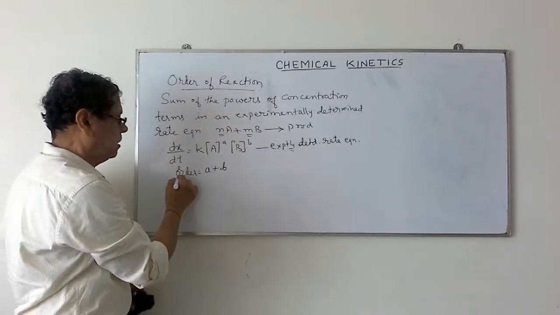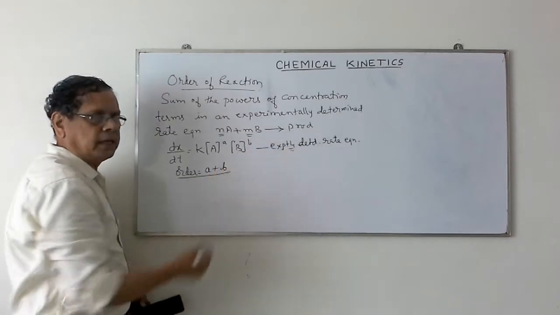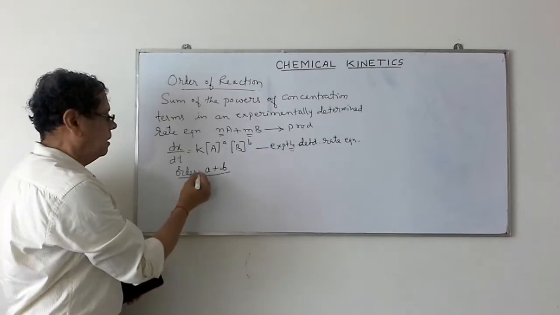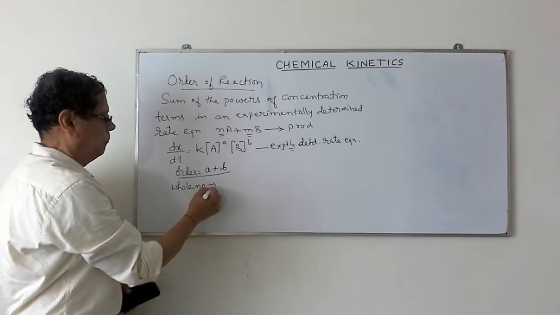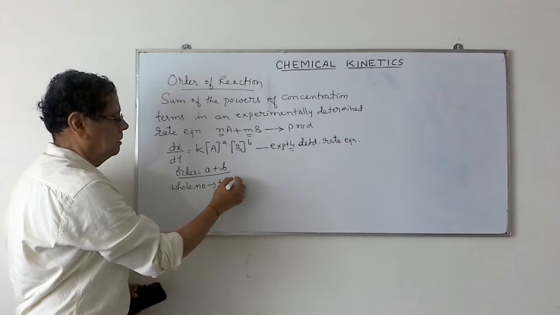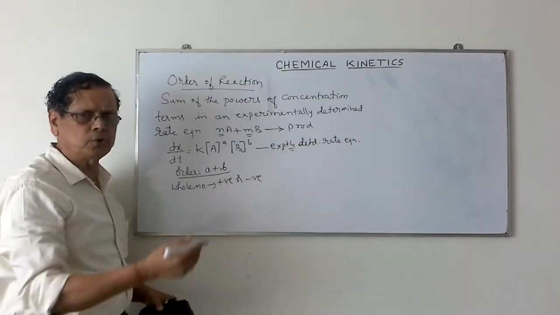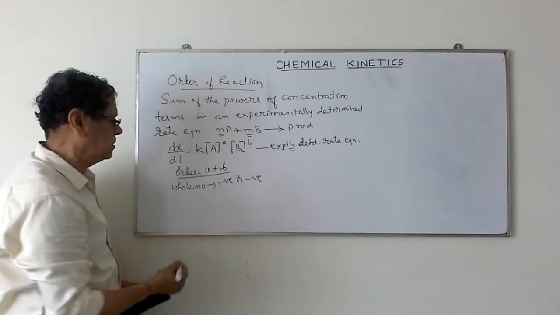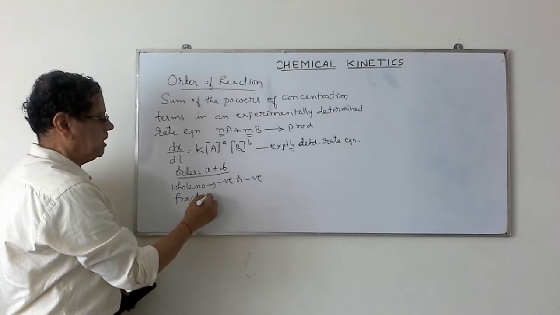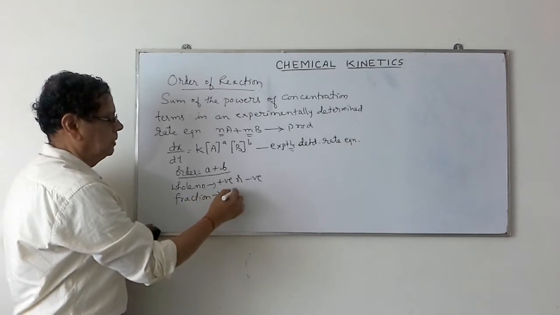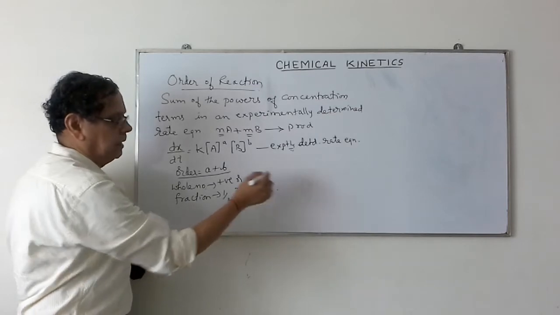Now, this order of the reaction a plus b, since it is determined from the experimental rate equation, may be a whole number with positive or negative sign. Sometimes it comes out to be negative also. We have so many examples of negative order reactions. Then it may be a fraction, like half, 3/4, 2 by 5, something like that.